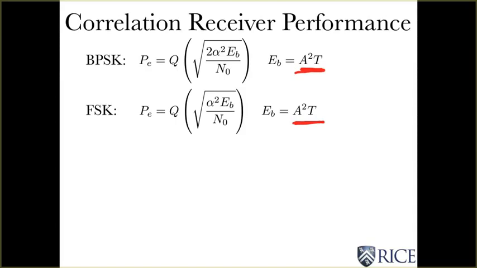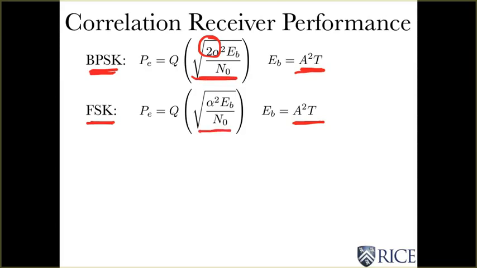Notice that in here there's a factor of 2. Well, that factor of 2 is entirely because of the BPSK. FSK does not have that factor of 2 that pops up. Well, that makes this argument always bigger than it is for FSK.